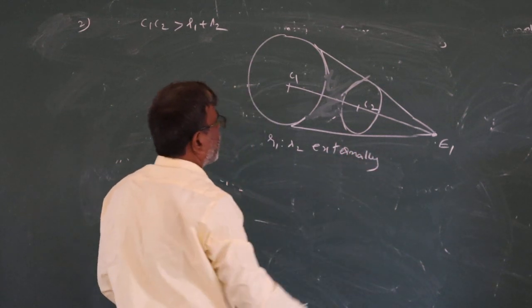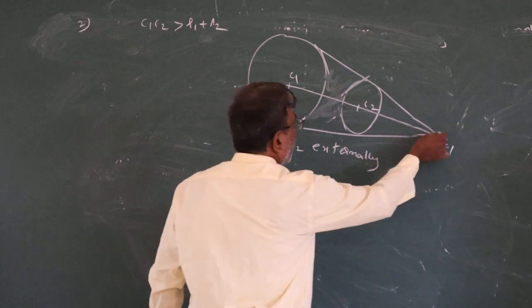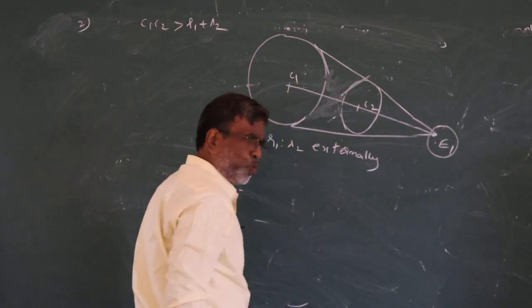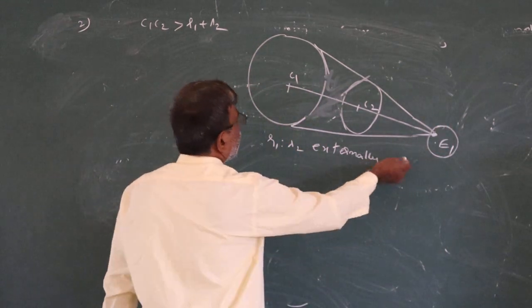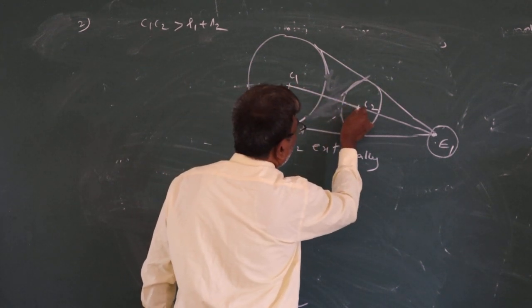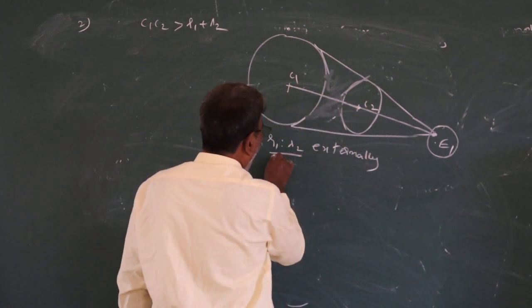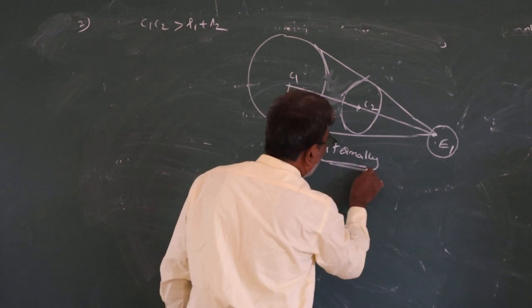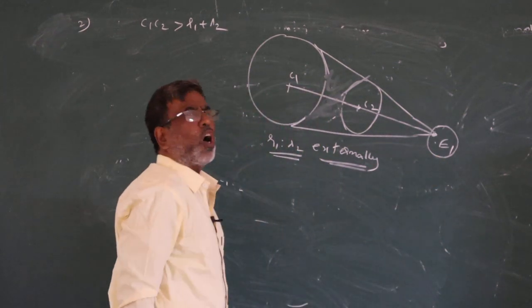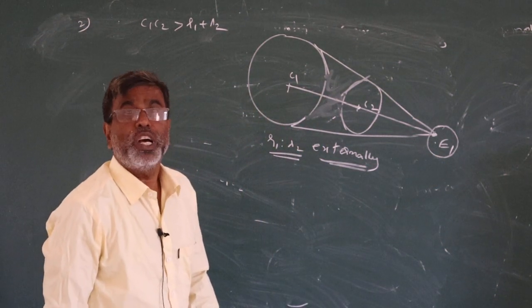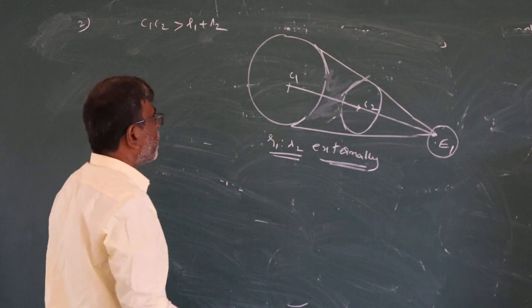This is very important. That's why E1 is called the external center of similitude.